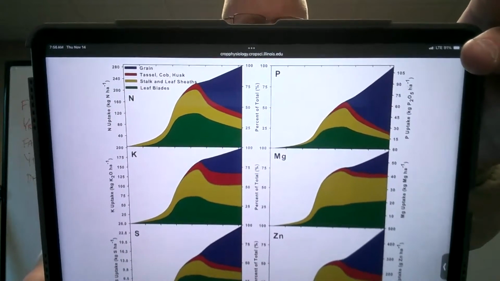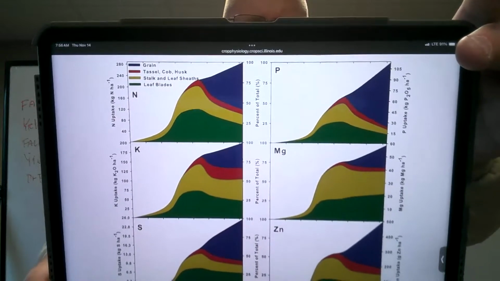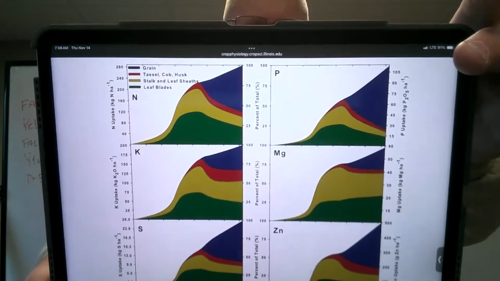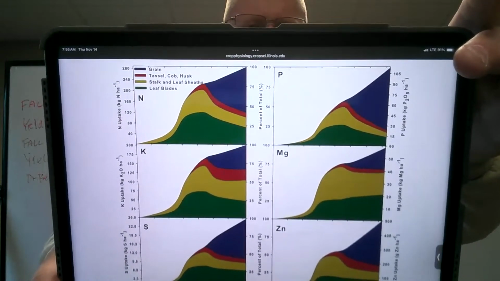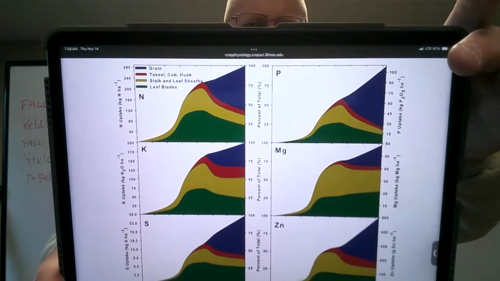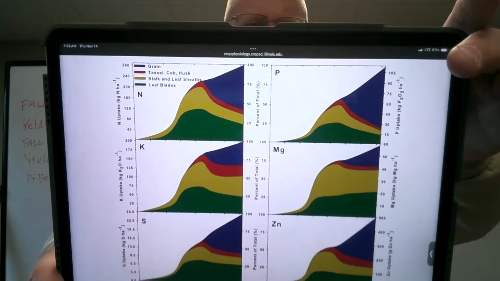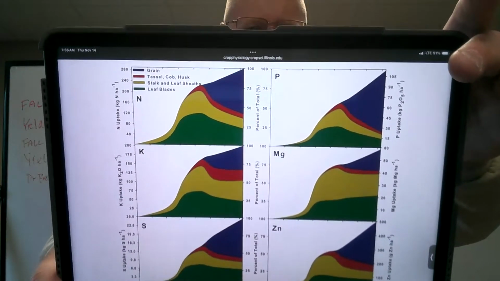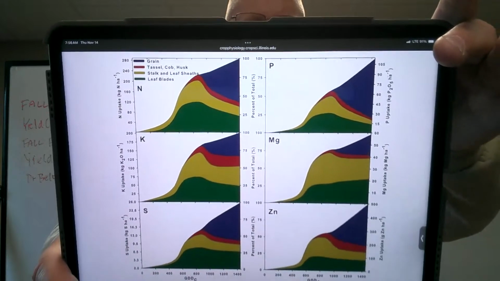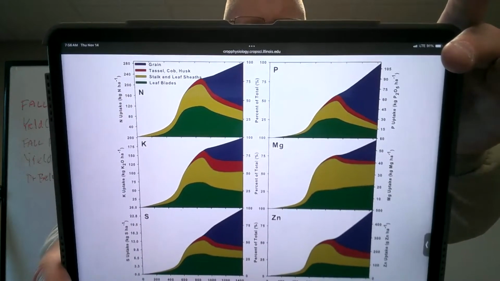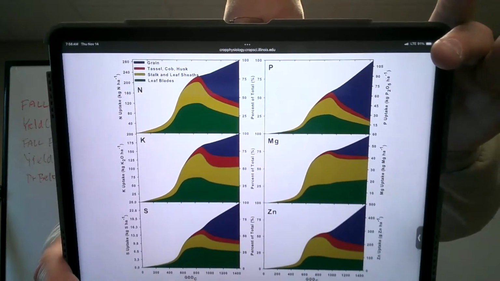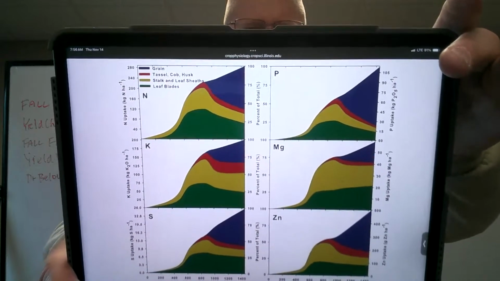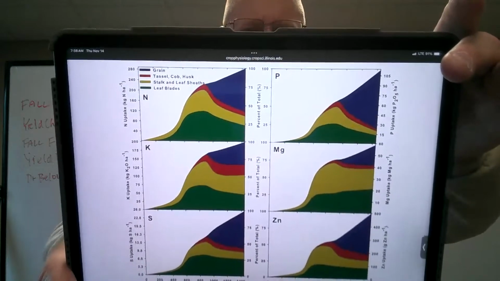You probably can't see all of that on there, but this stuff is available online. It's fairly easy to get to. And it's kind of a good reminder, if you're doing a fertilizer program that maximizes the availability of a particular nutrient when the plant's looking for it, that's generally a good idea.